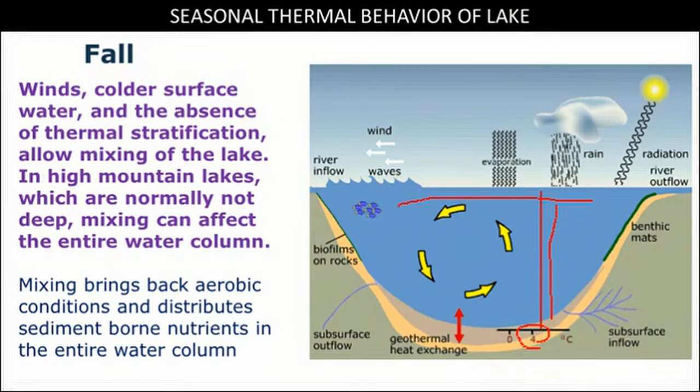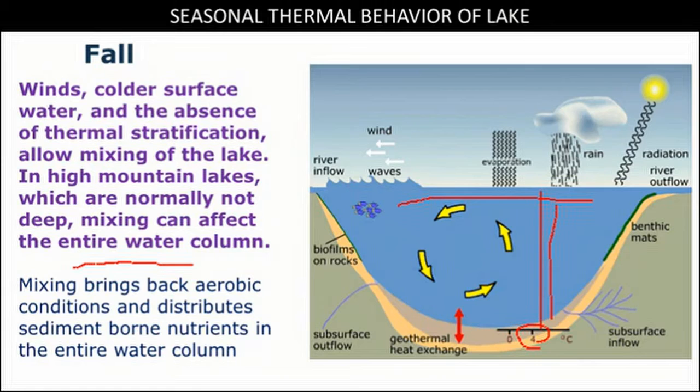In high mountain lakes, which are normally not deep, mixing can affect the entire water column, because it can mix the water, nutrients and oxygen throughout the lake water body in a very homogeneous way.